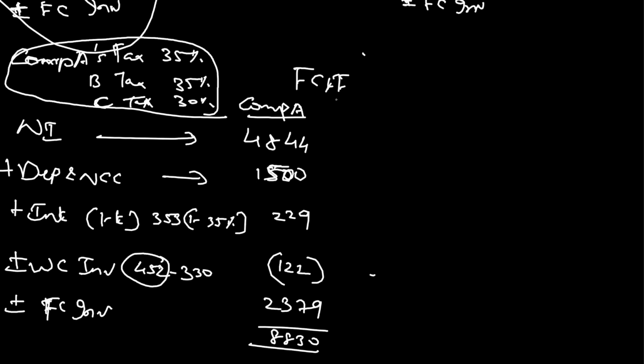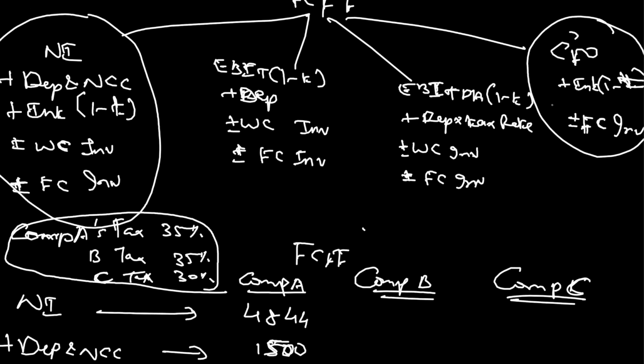Now the same one, if I do it using cash flow from operations, or let me do this for company B and company C as well over here itself, and then I'll do this cash flow from operations also.